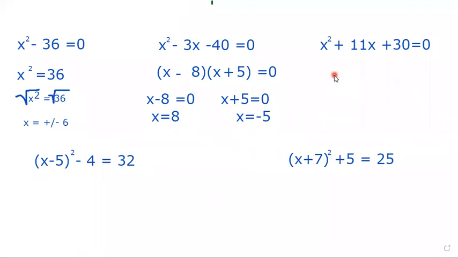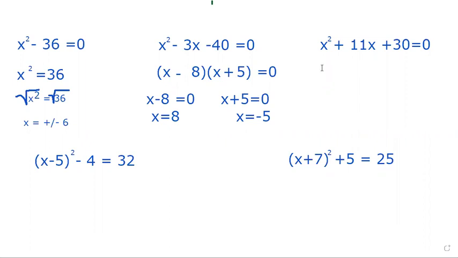We have x squared plus 11x plus 30 equals 0. So now we need two numbers that multiply to give you a positive 30 and add up to give you 11. Once again, I think about all the factors of 30. 30 and 1, that wouldn't work because your sum would be 31. 10 times 3, that wouldn't work because your sum would be 13.